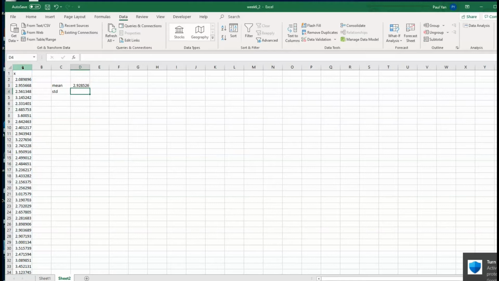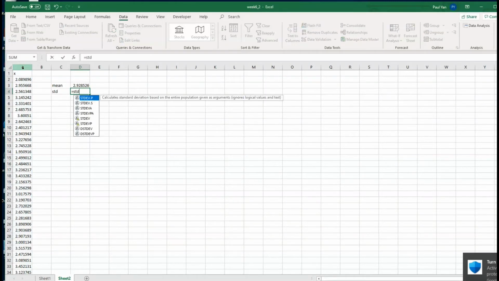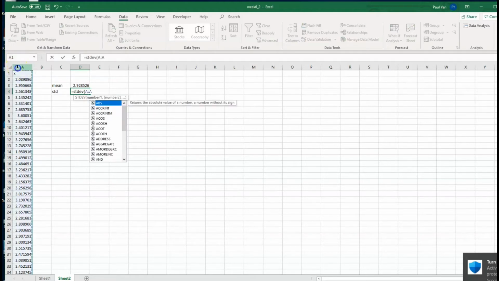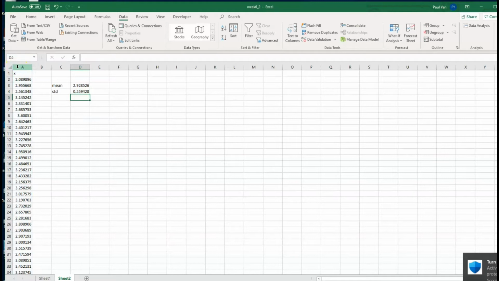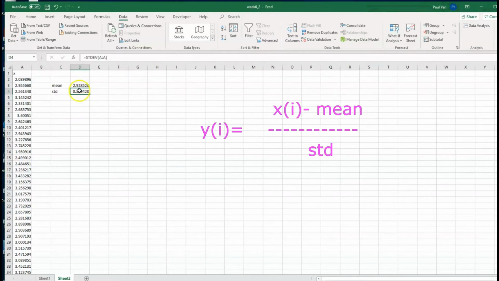It should be roughly 3. Then STDEV, the standard deviation, of the A column. The standard deviation should be 0.5 and the mean should be 3, roughly. So we call it Y.